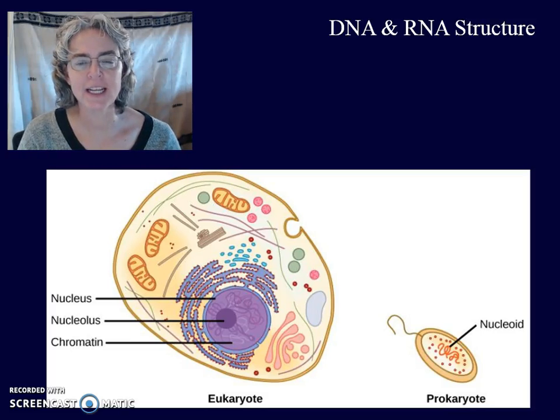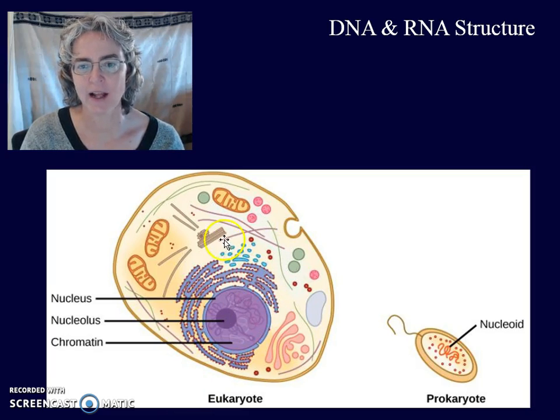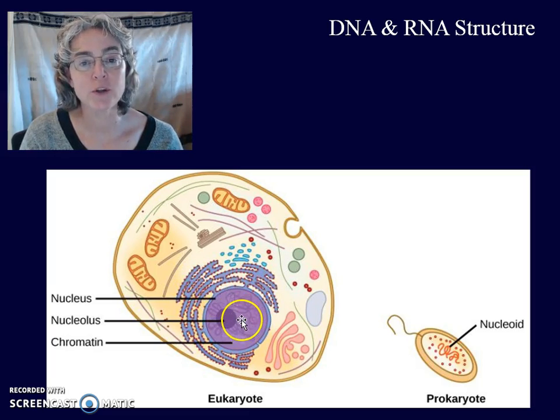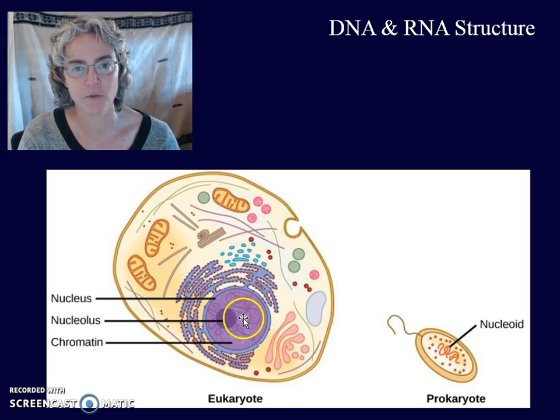Okay, so we're looking at the structure of DNA and RNA. So inside the cell and inside the nucleus, the DNA comes in two forms, chromosome form and chromatin form.